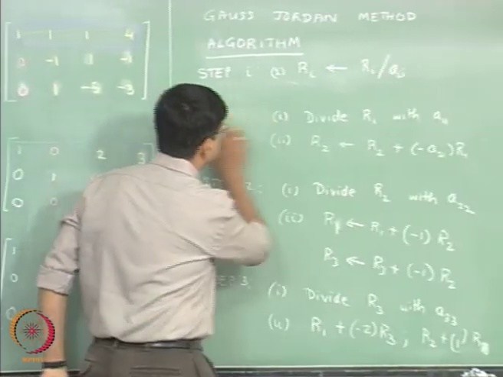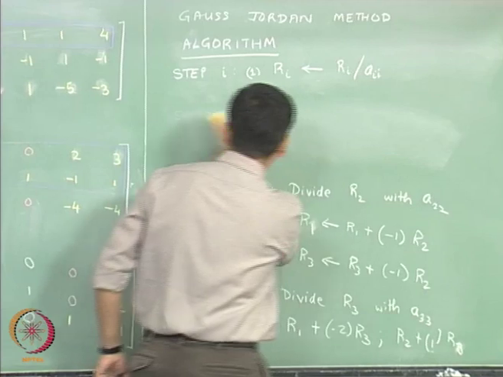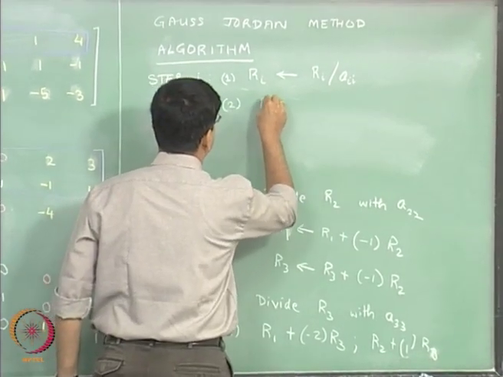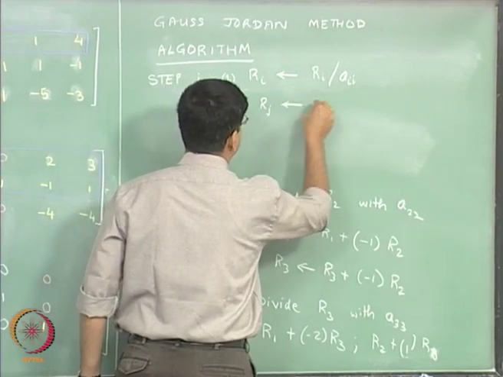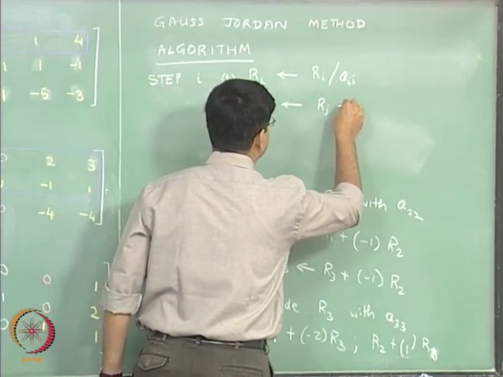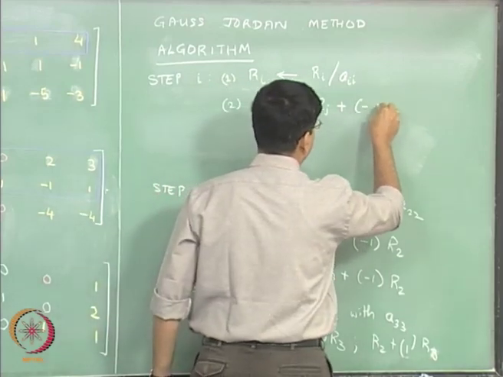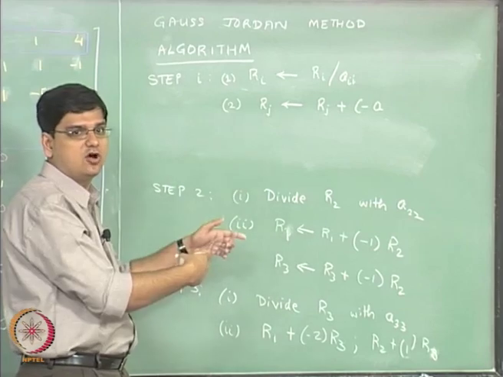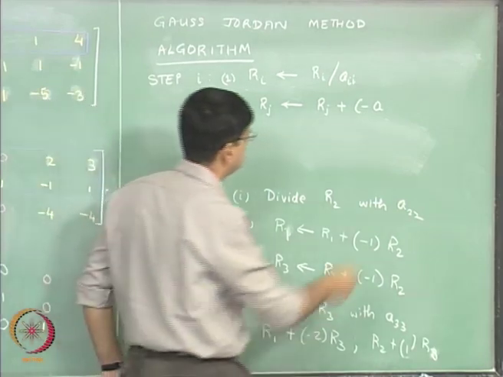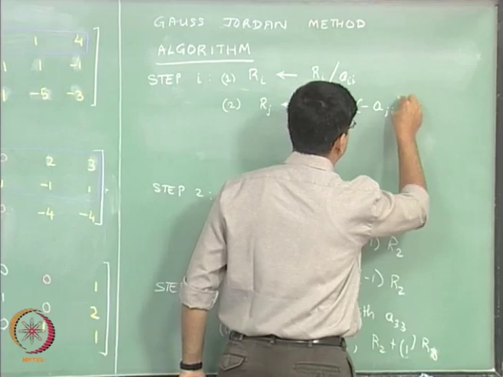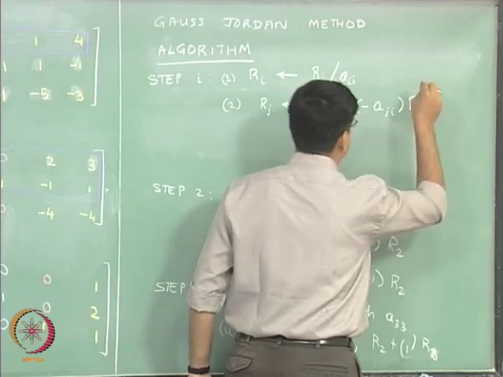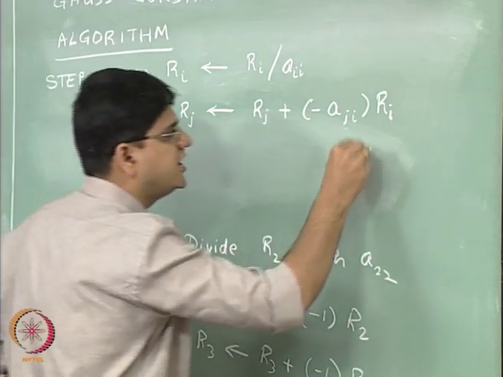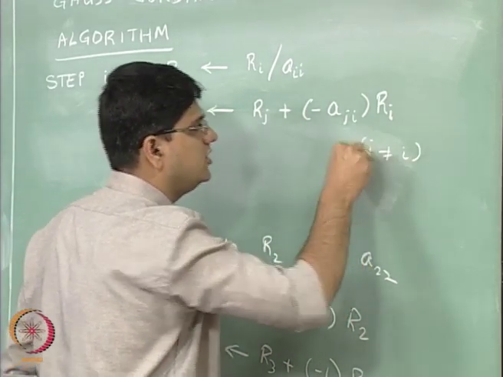Okay. So the second part is going to be Rj is Rj plus negative Aji, because it is the ith column and the jth row, multiplied by Ri, where j is not equal to i.